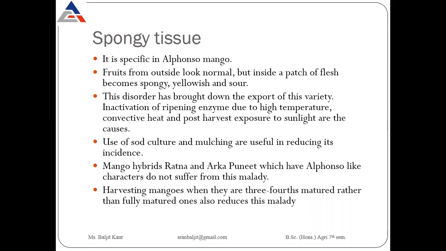And harvesting mangoes when they are three-fourths matured rather than fully matured will also reduce this malady. So if we want to reduce the incidence of spongy tissue, we have to harvest the mangoes when they are only three-fourths matured and not fully matured.